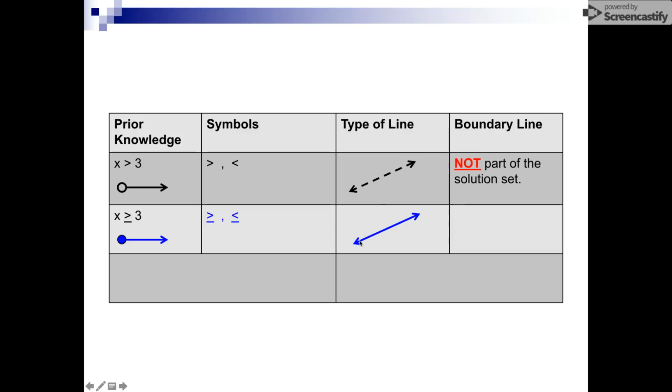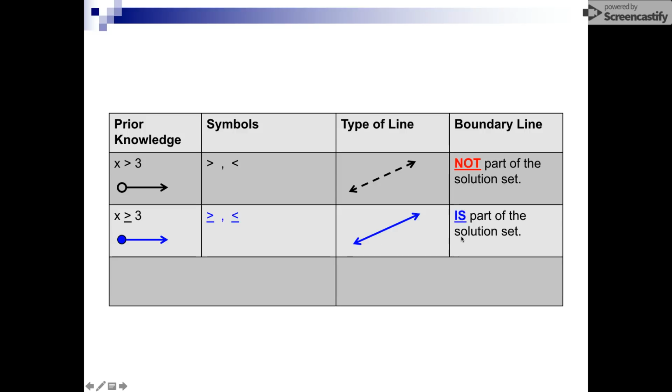For the boundary line for our greater than or equal to or less than or equal to, the points that are on this line are going to be part of the solution set. The boundary line is part of the solution set. So all points that are on this line are going to be part of the solution set. All points on the dashed line or dotted line are not part of the solution set.